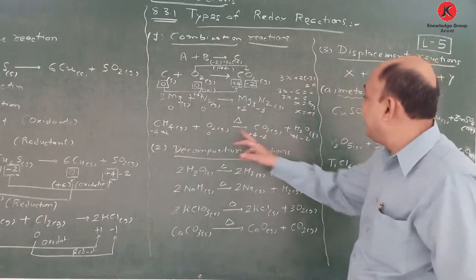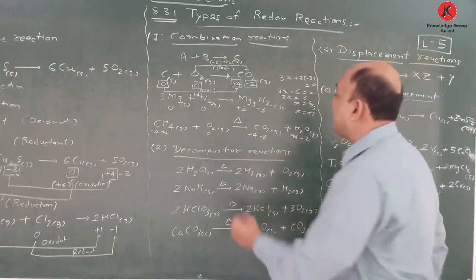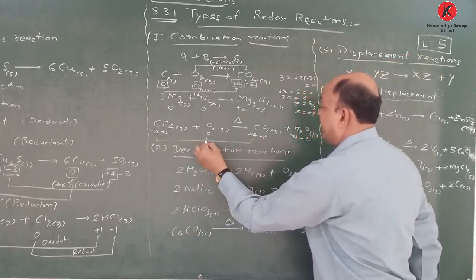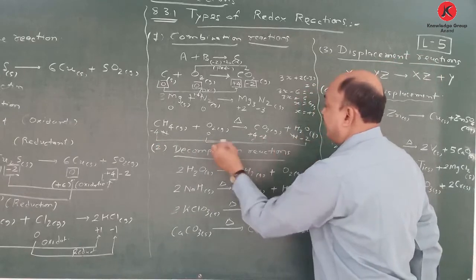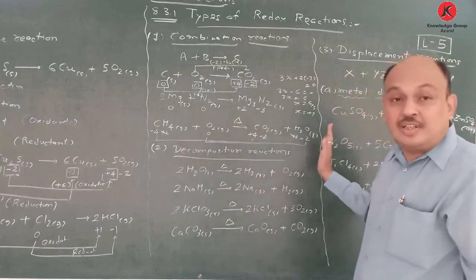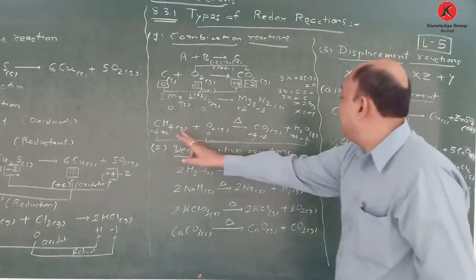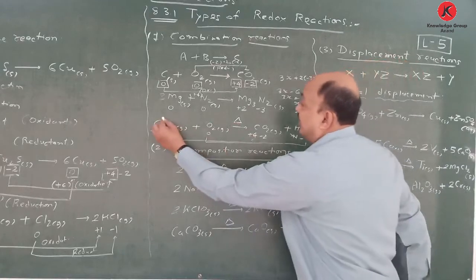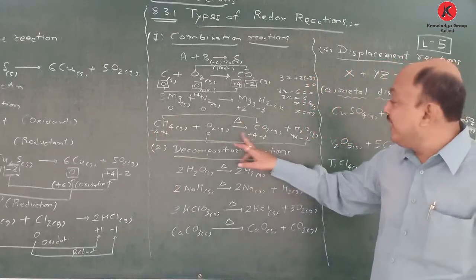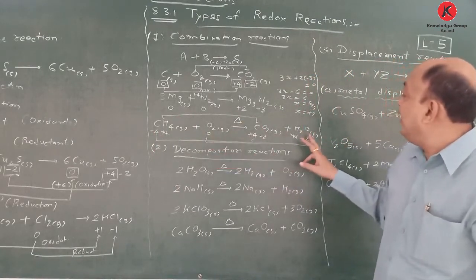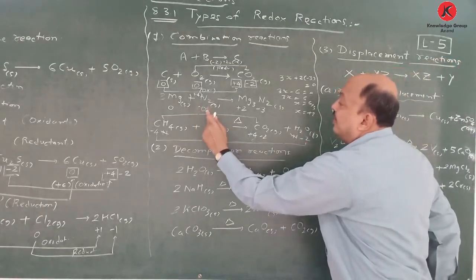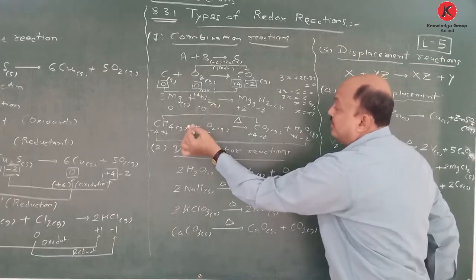But just you see here, carbon goes from minus 4 to plus 4, and O2 goes from 0 to minus 2, and here also 0 to minus 2. Consider this reaction: minus 4 to plus 4, the oxidation number increases, so this is considered as oxidation reaction.